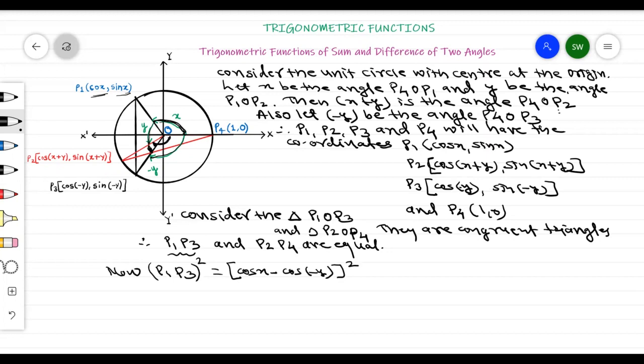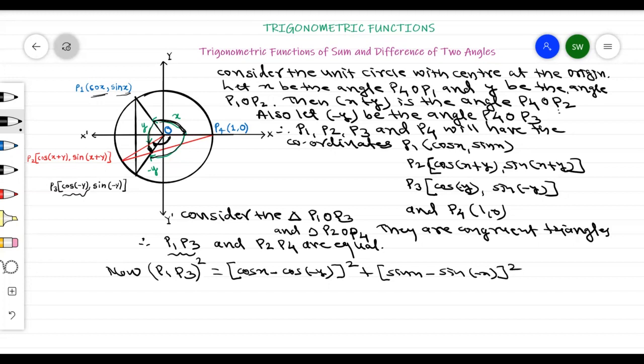P1P3, this is P1, this is P3. So this cos x minus this cos of minus y whole square, plus sin x minus the sin of minus y whole square, plus in bracket sin x minus sin of minus x whole square.